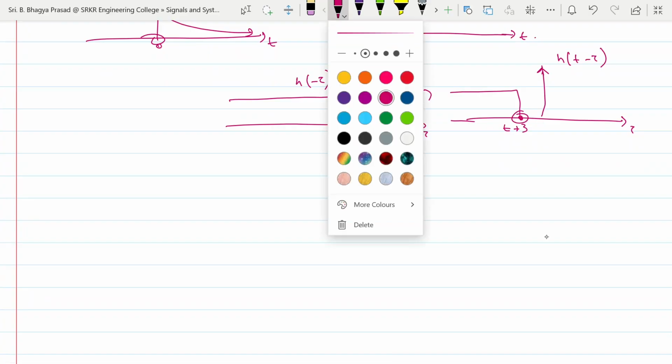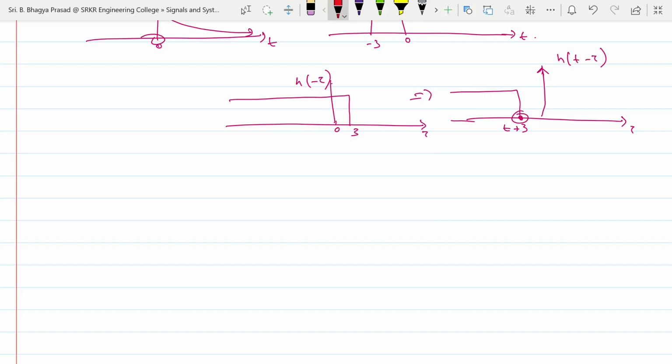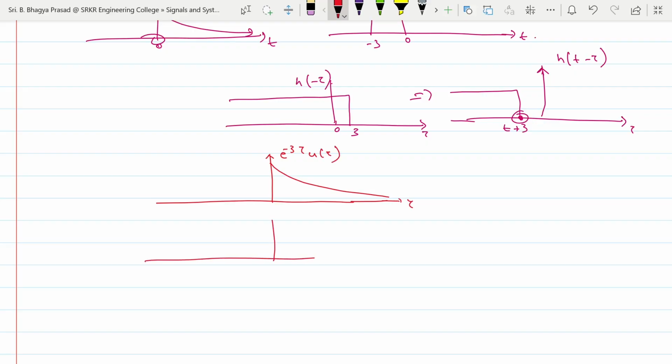So let us plot one by one. One signal is an exponentially decaying signal on the right side, tau e power minus 3 tau u of tau, and another one is h of t minus tau, that is presented like this.